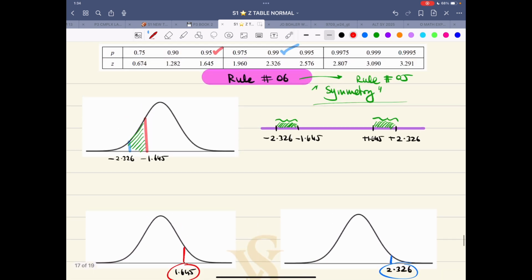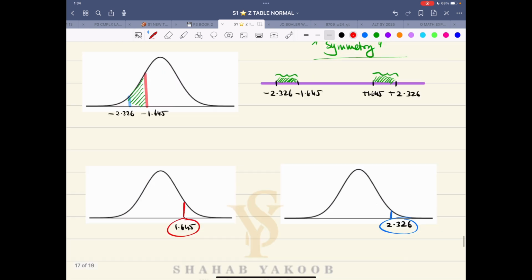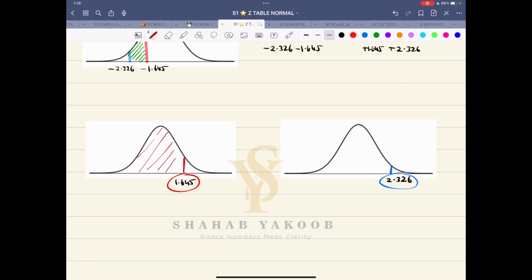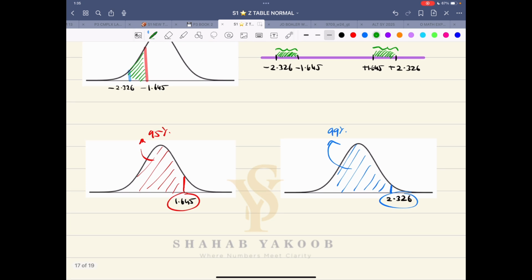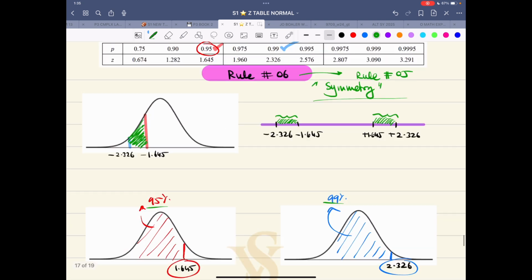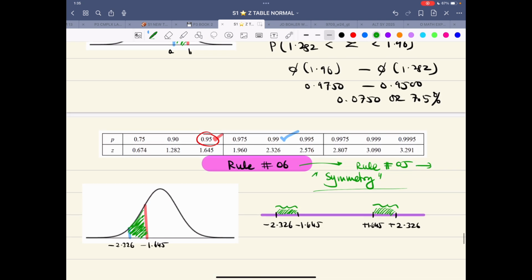Left of 1.645 is how much? 95%. So this probability area under graph is 95%. And left of this blue value is how much? That is 99%. So I think you guessed it right. This probability over here is simply the difference between the 2. So over here, since it becomes rule number 5, it's also about the difference.